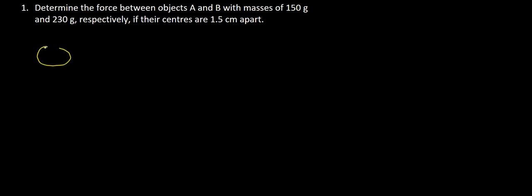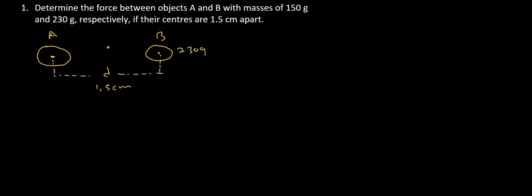If you have object A, and this is the center of object A, and object B, and this is the center of object B, the distance is from the center. In this question they said they are 1,5 centimeter apart, object B is 230 gram and object A is 150 gram.